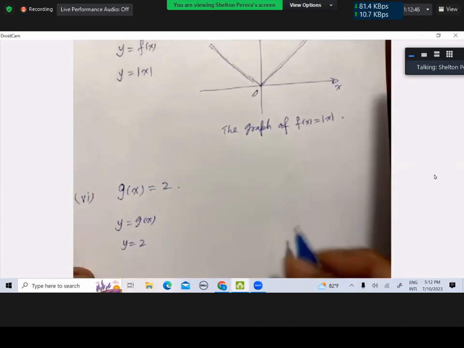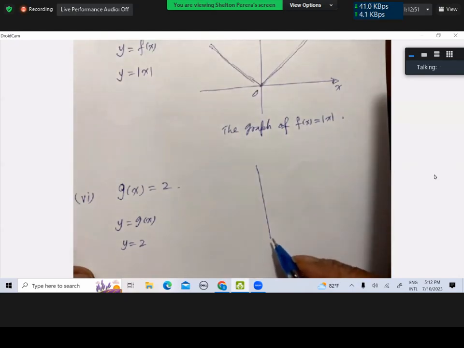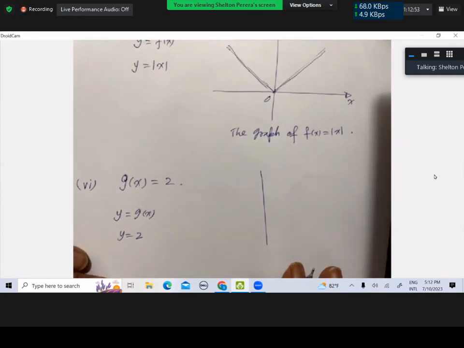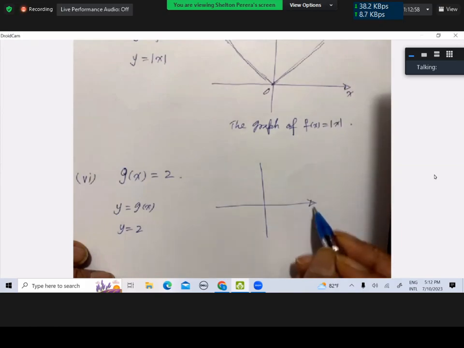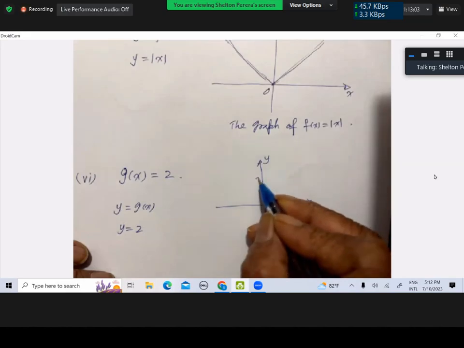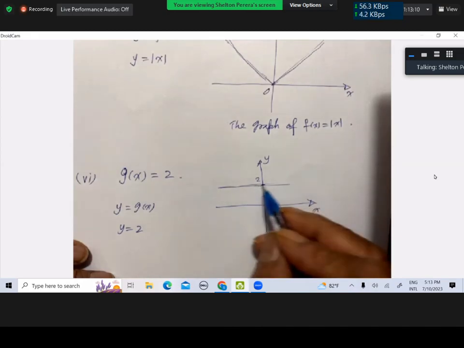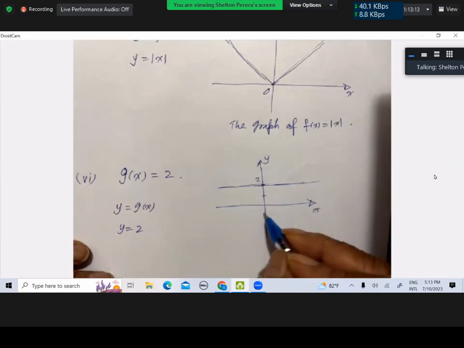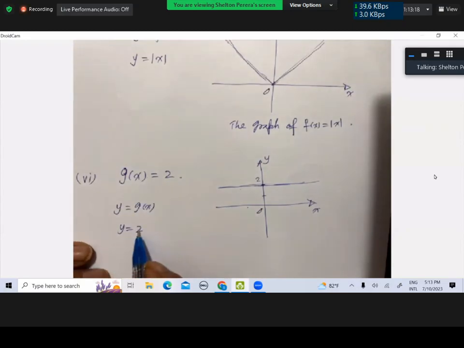I should have put f of x just to. Well, y equals 2 is somewhere there, 1, 2. And for every input, for every x, y is equal to 2. When x equals 0, y is 2, x equals 1, y is 2, x equals any real number, y is 2.